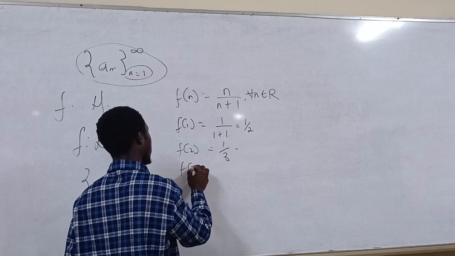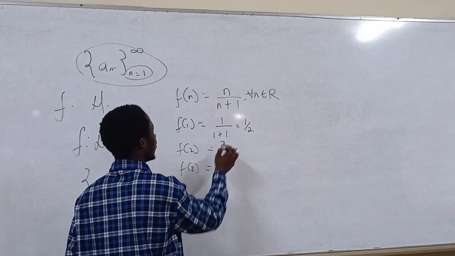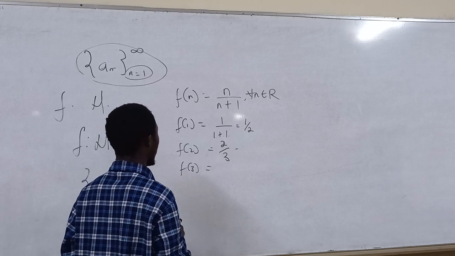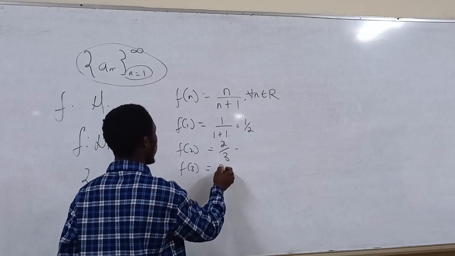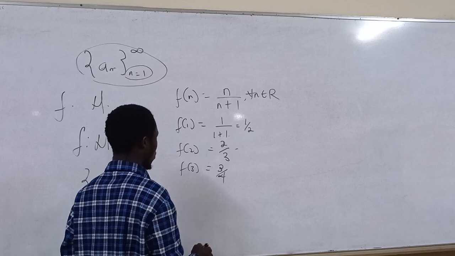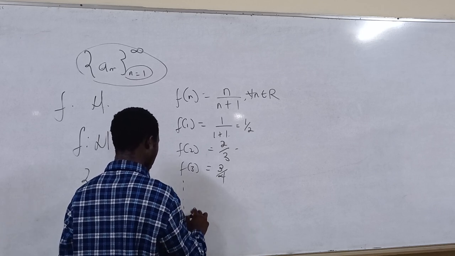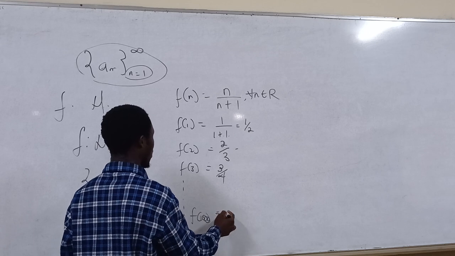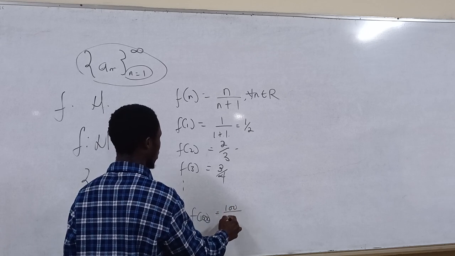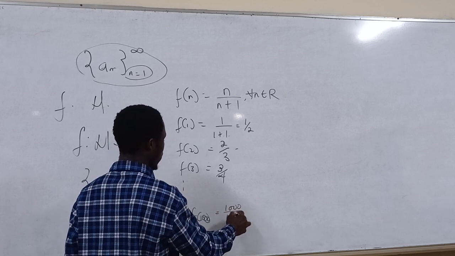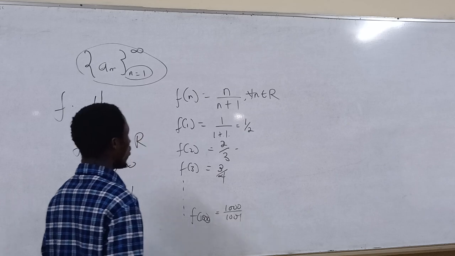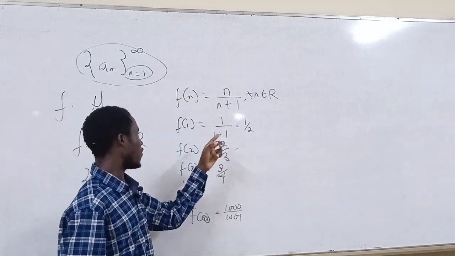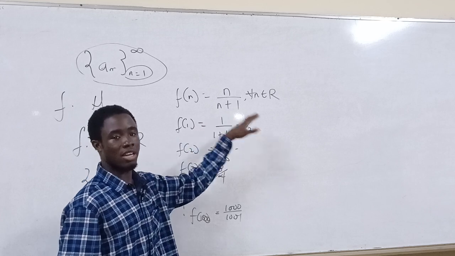If n is 3, we have 3 on 4. Now, if n is, let's say, 1,000, we have 1,000 on 1,001.